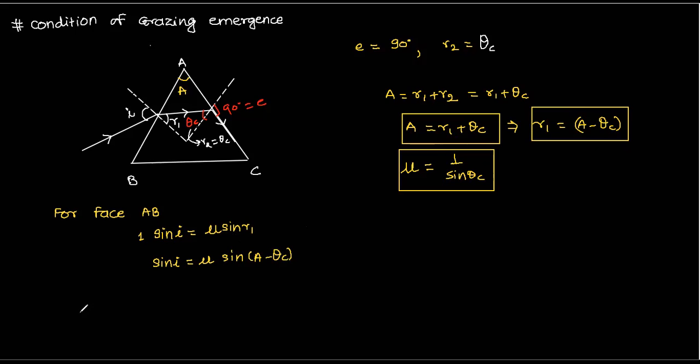Okay. Next now. So here sine I is equal to mu into sine of A minus theta C. The sine A minus B formula we can use, sine of A minus B. So what is the formula?